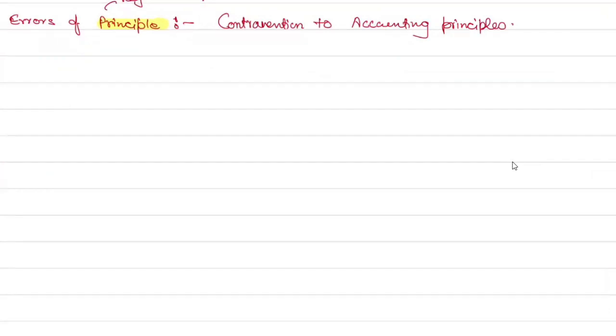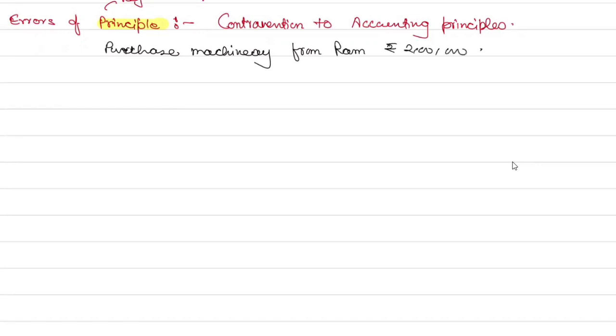Now suppose I write the same example: purchase machinery from Ram, rupees 2 lakh, and if I write purchase account debit to Ram, is it wrong?